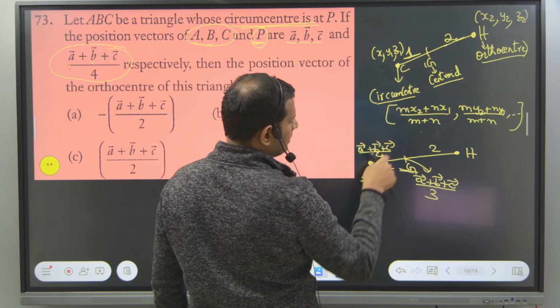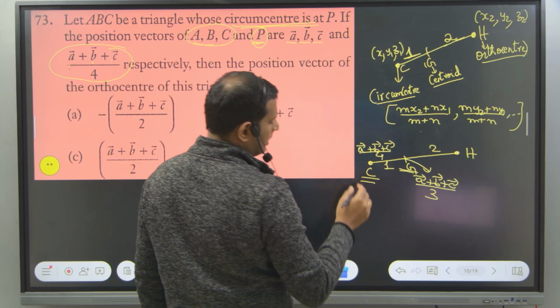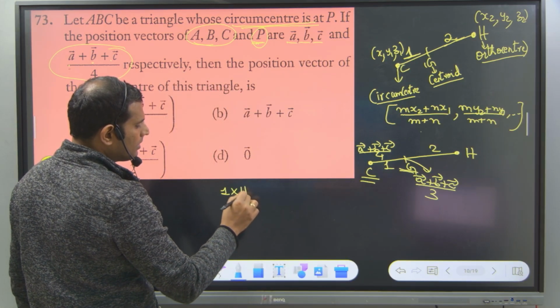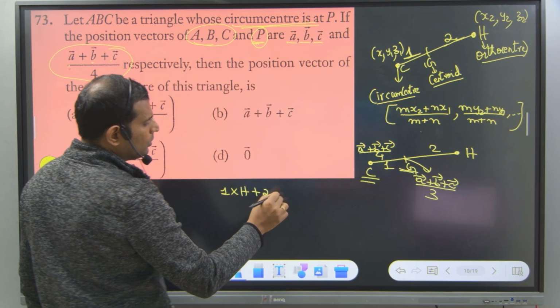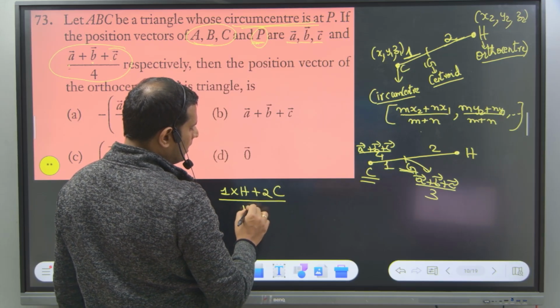C. And how much is C? A plus B plus C by 4, right? So when we use the section formula, 1 into H plus 2 into C divided by 1 plus 2.